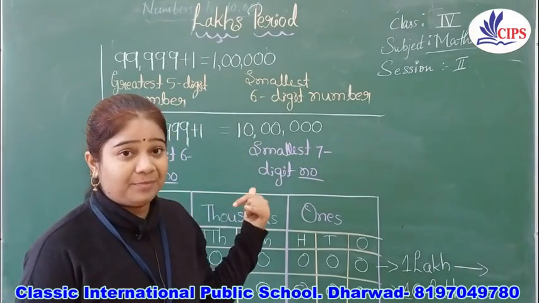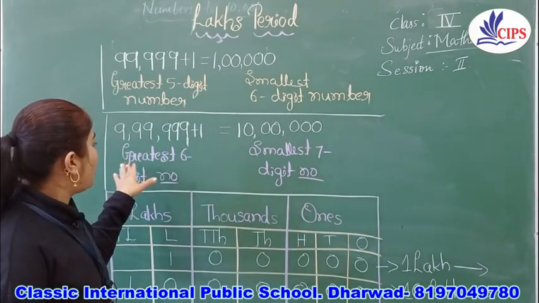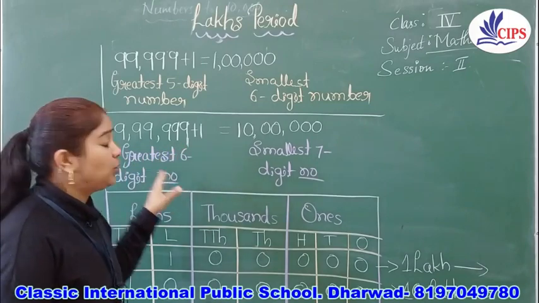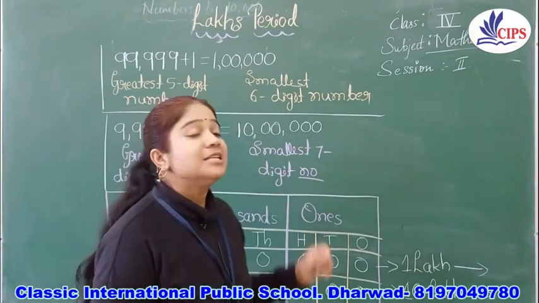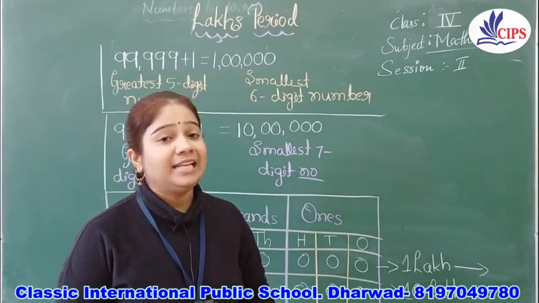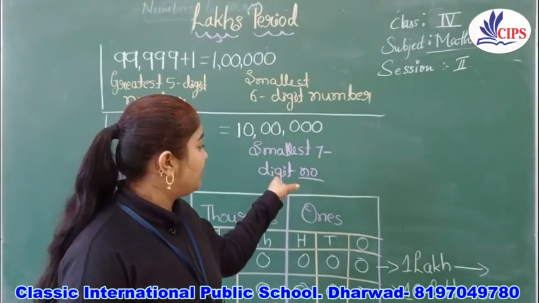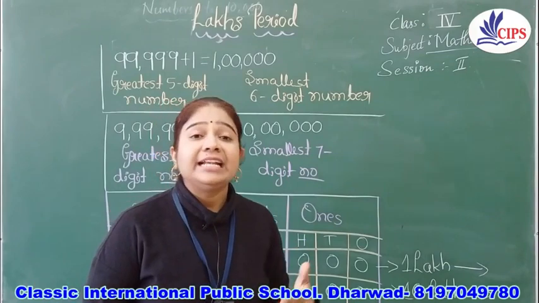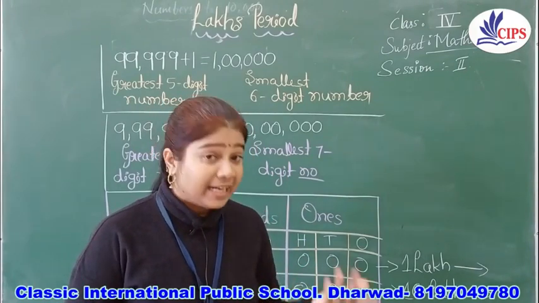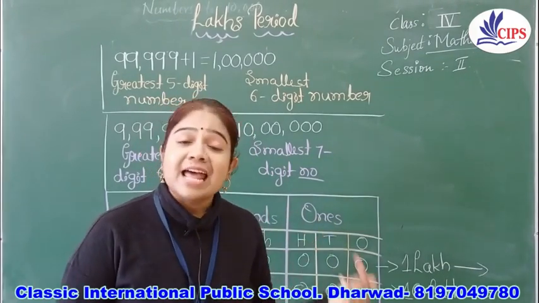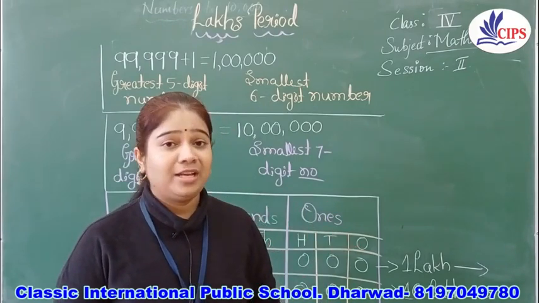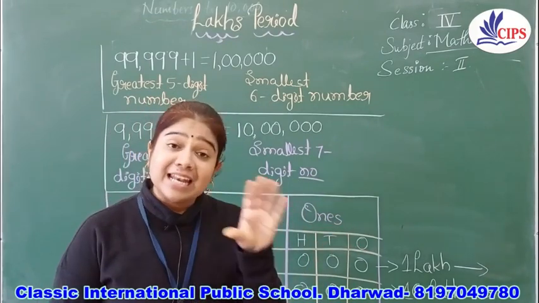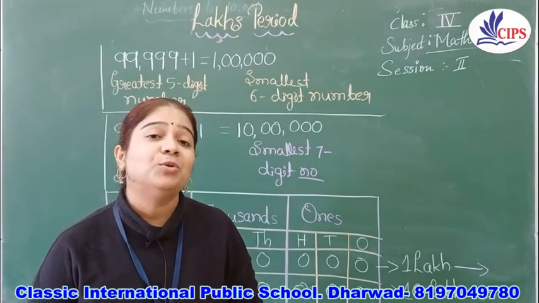So once again, if you add 1 to the greatest 6-digit number, you are going to get the smallest 7-digit number, and this 7-digit number takes the 10 lakhs place in the place value chart. It values 10 lakhs in the place value chart.